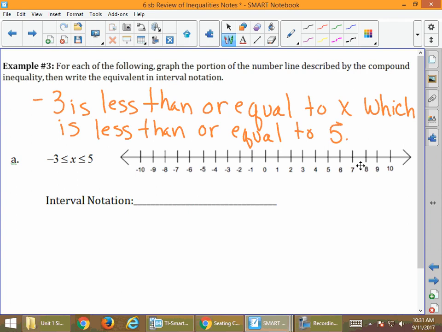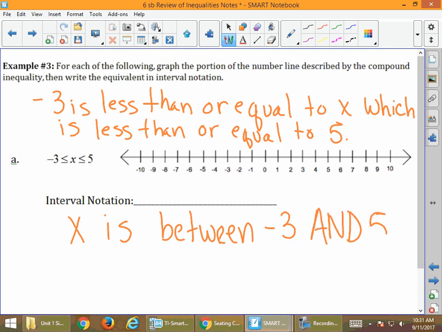And I don't necessarily think that you need to write that down. But if you want to write something down, maybe a more concise way of saying it is that this means in the problem is that x is between -3 and, there's that and, 5. That's what it means.